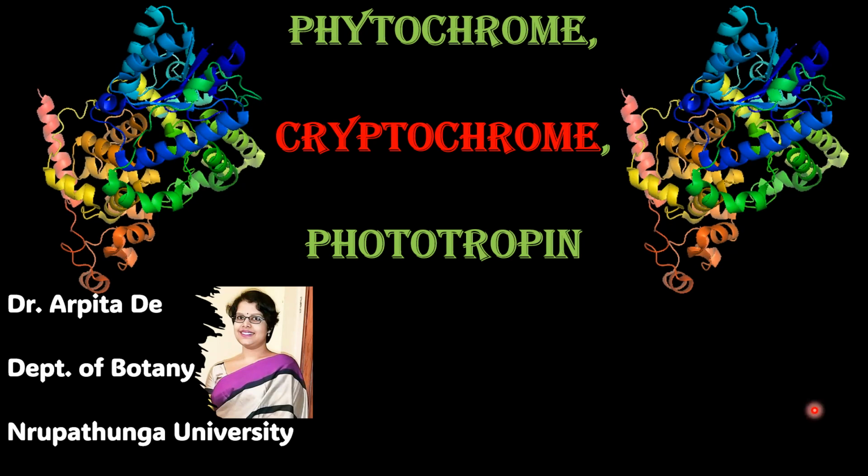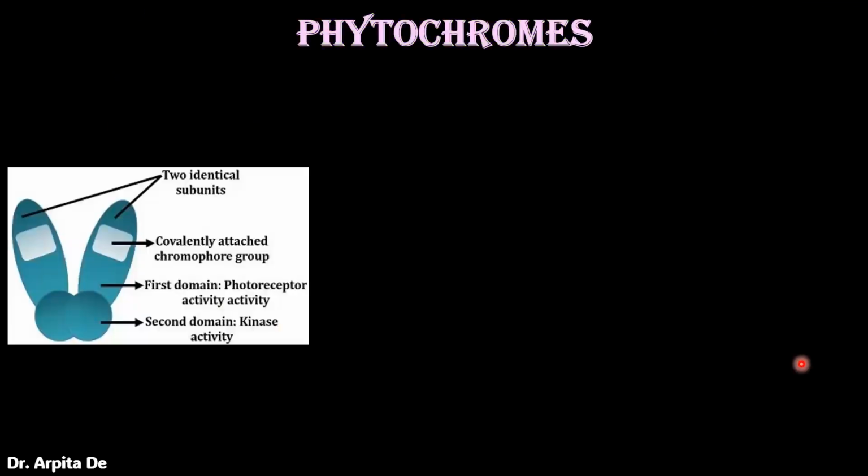I'll only emphasize the most important points here and would request you to jot them down and practice questions related to this topic. In case you get stuck anywhere, feel free to get back to me in the comment section. Okay, so let's start. We'll start with phytochromes.